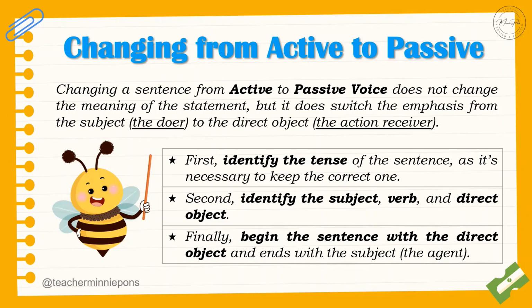First, identify the tense of the sentence as it's necessary to keep the correct one. Second, identify the subject, the verb, and the direct object. And finally, begin the sentence with the direct object and end with the subject, that is the agent.